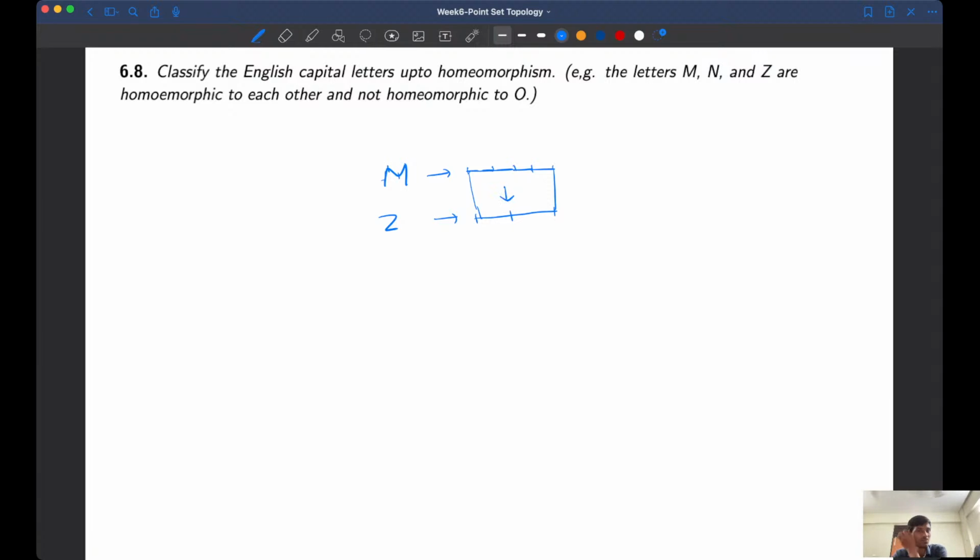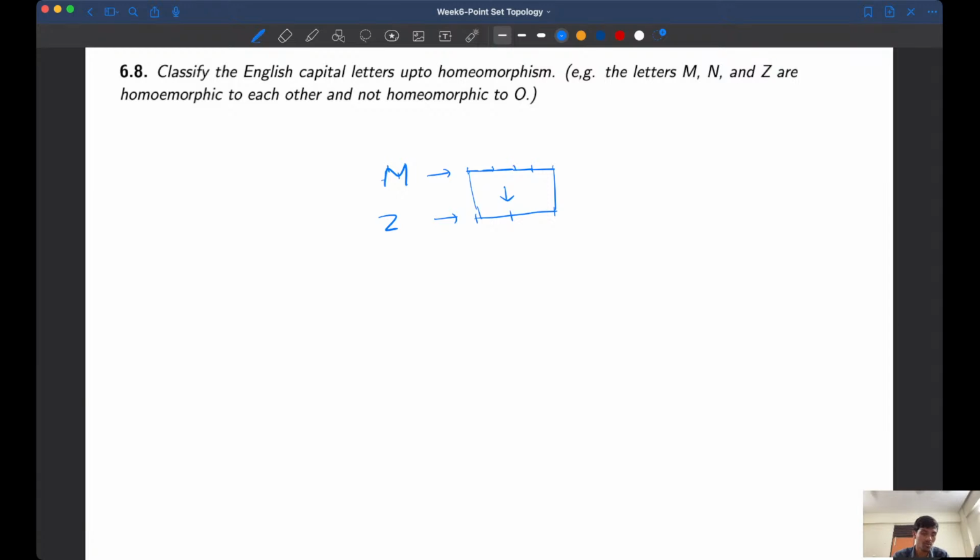Okay, so that will define a homeomorphism for any of these letters. So they are all like a straight line. Okay, so from there you can get a homeomorphism for that.